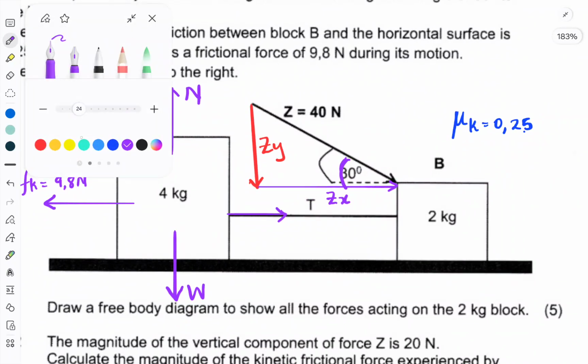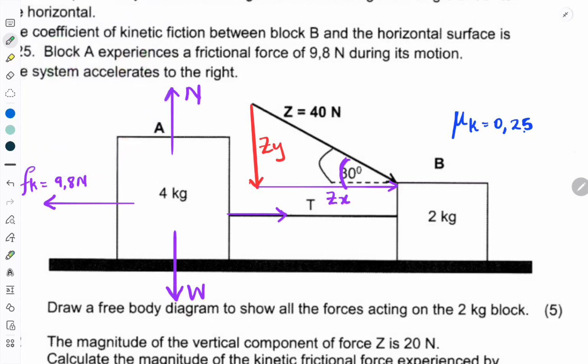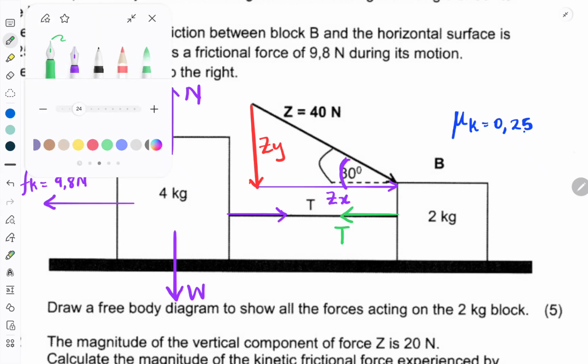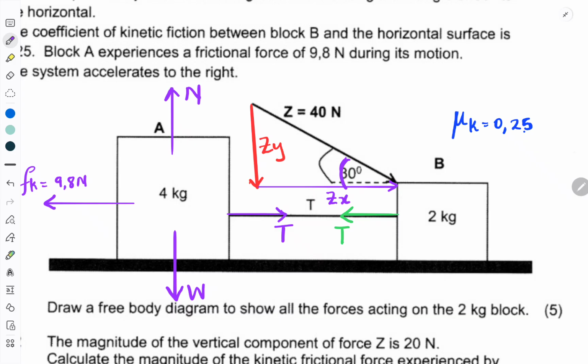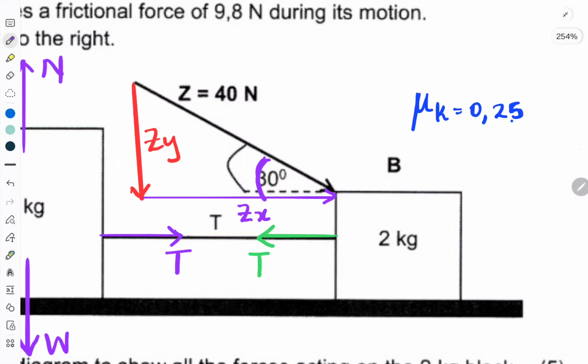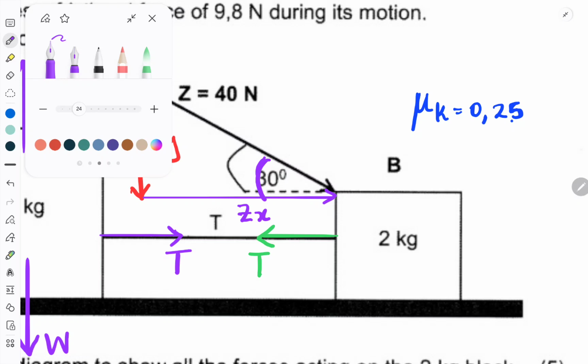Then we have another set of forces here. Let me use a different color. We have tension going this way. One of the reasons these tensions are always opposite to one another is Newton's third law.